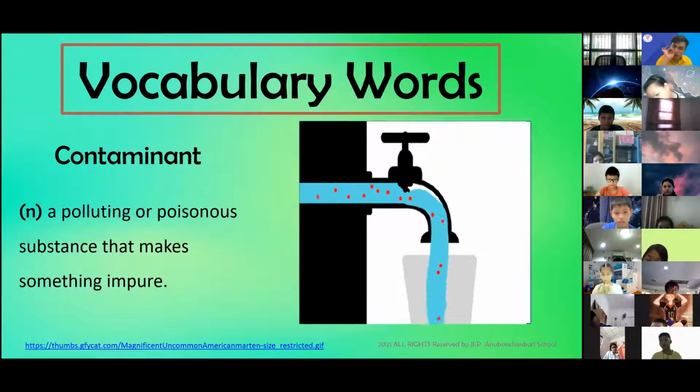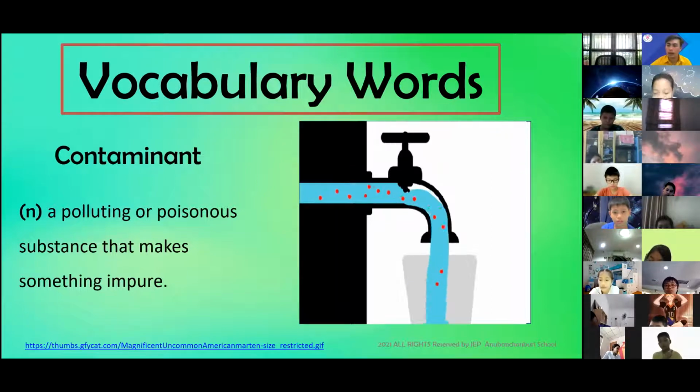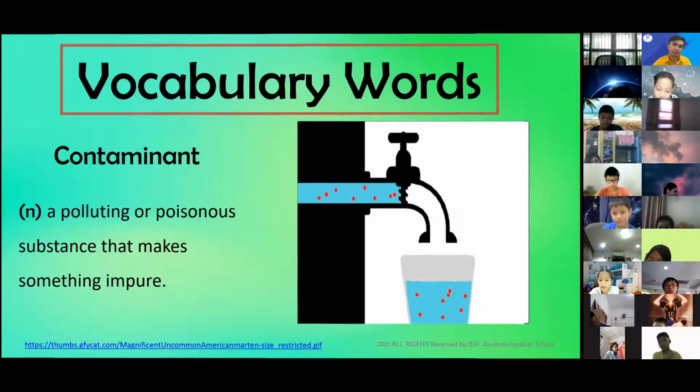Okay, it means that there are contaminants in the air. So those are contaminants. Okay, it makes something impure, like the water is not clean anymore. It is impure because of the particles, contaminants in the air.